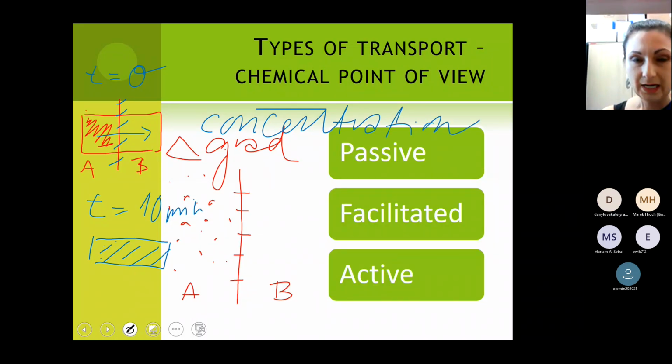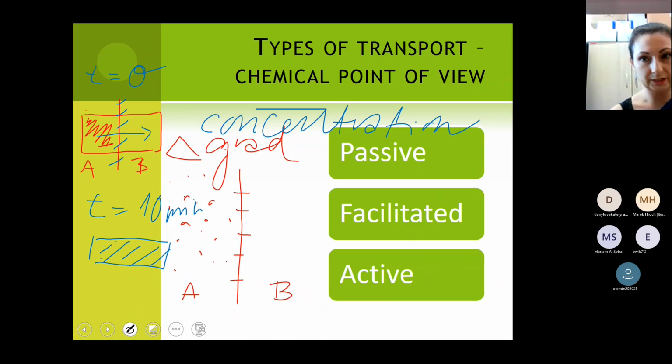Concentration gradient. So what is the difference between passive diffusion and facilitated diffusion? The principle is quite similar, because passive diffusion uses the concentration gradient, and facilitated diffusion also uses the concentration gradient. However, facilitated diffusion or transport is characterized by some agent.